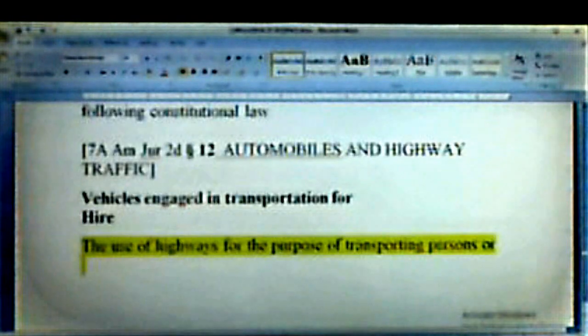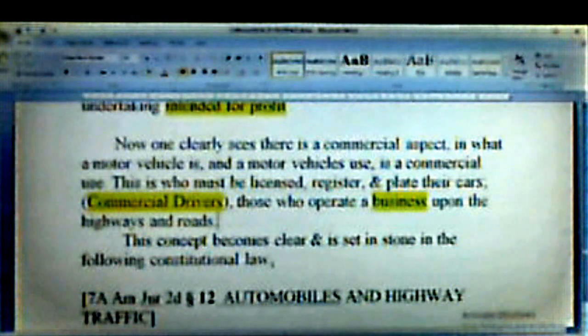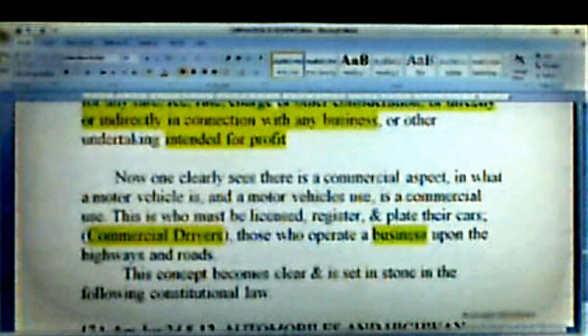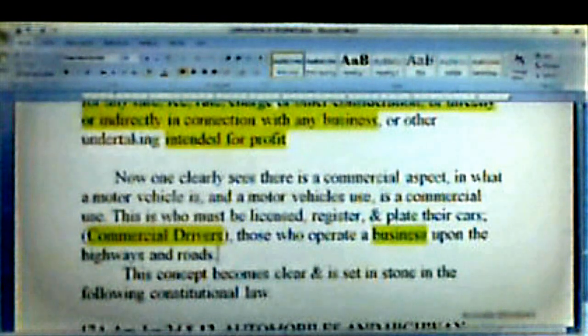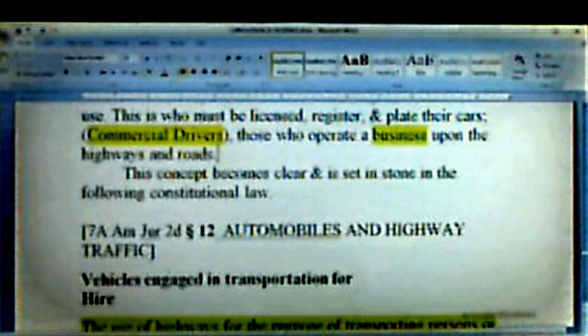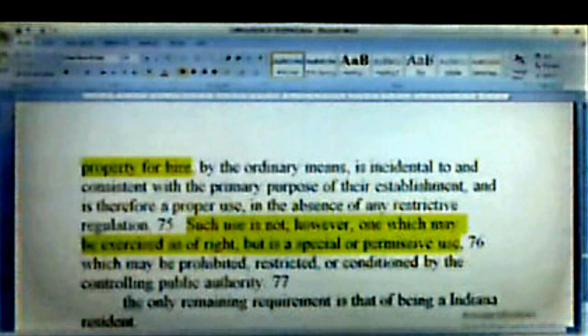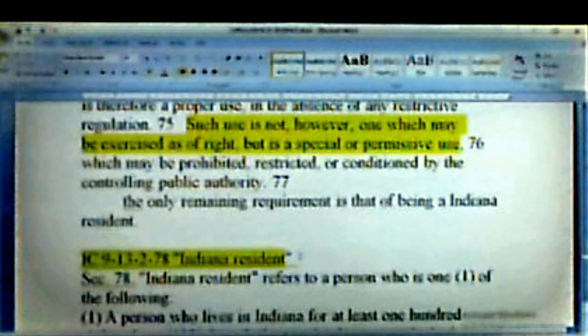We've established very well what commercial drivers are: those that operate a business upon highways and roads. In other words, semi-drivers, all that kind of stuff. We've established all this stuff very well, and it's all right there in the law.